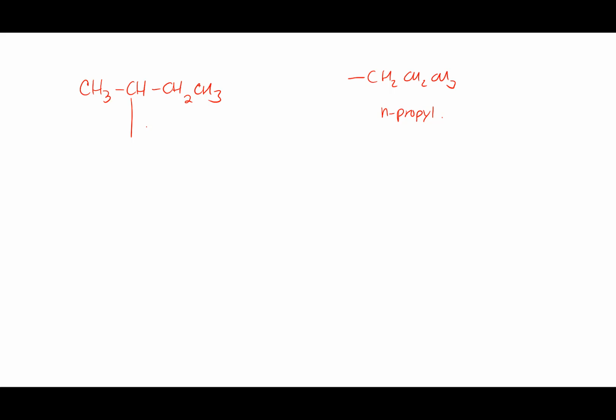That just tells you how many other carbons are attached to that carbon. So in this structure, with the empty bond, because the empty bond's where it's attached to the chain, that carbon is secondary. So this becomes a sec-butyl group. That's actually the system. Common names are supposed to not have a system, but they do. So that's the butyl group where the attachment is to the secondary carbon.